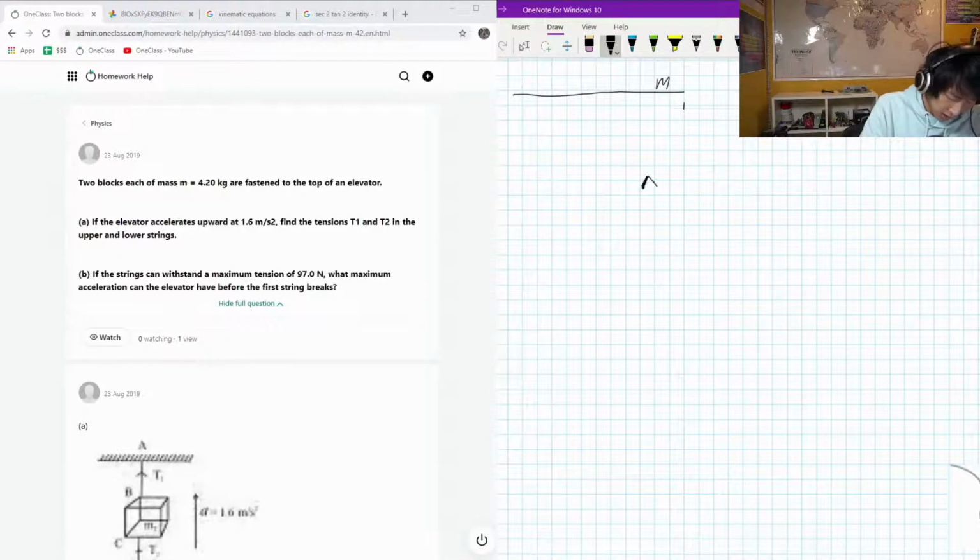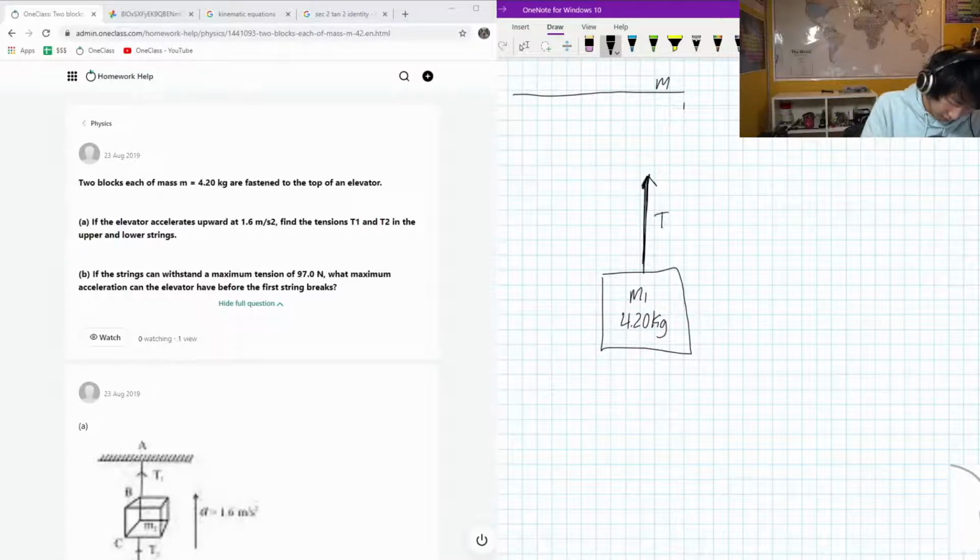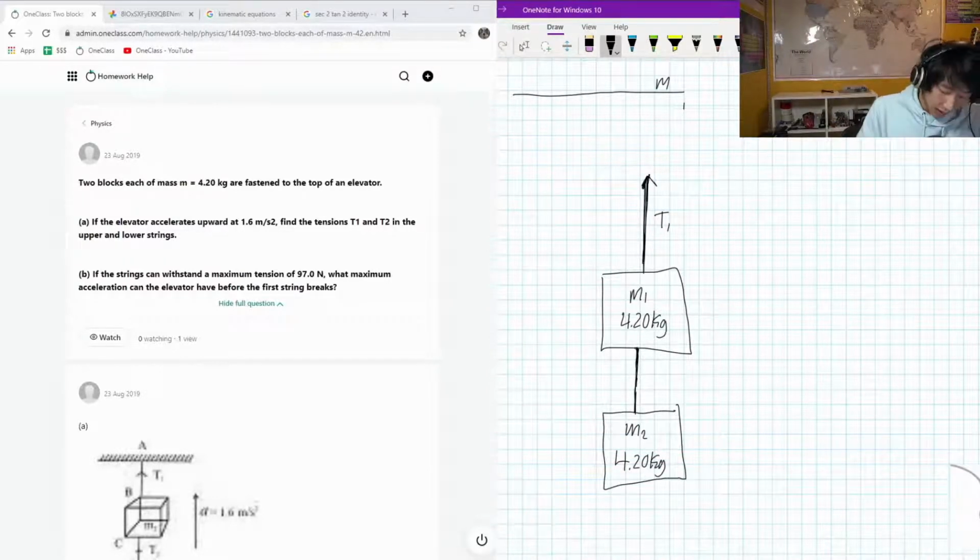Okay, so here we have a cable, and we have two blocks. Here we have M1, and this is 4.20 kilograms. This is tension 1, and secured directly below that, M2, we have another 4.20 kilograms.